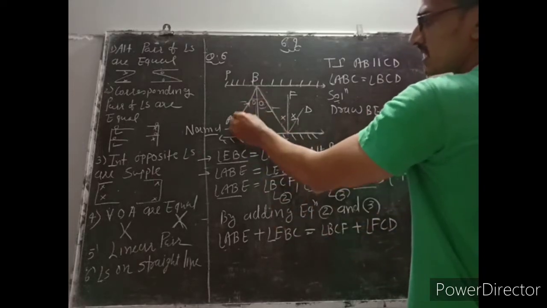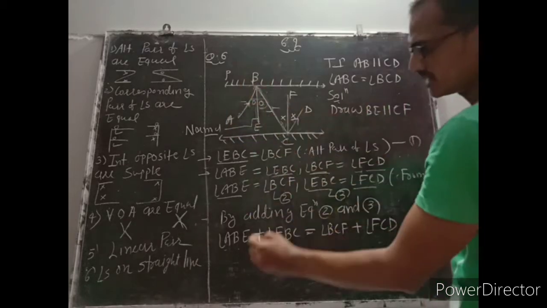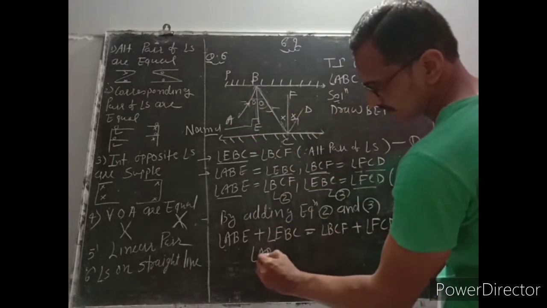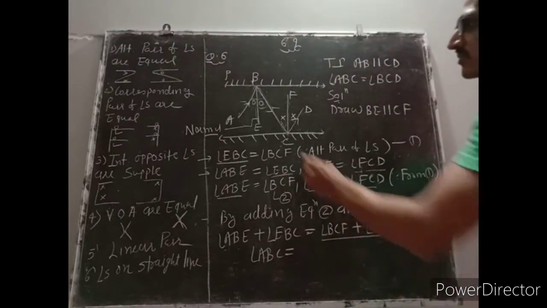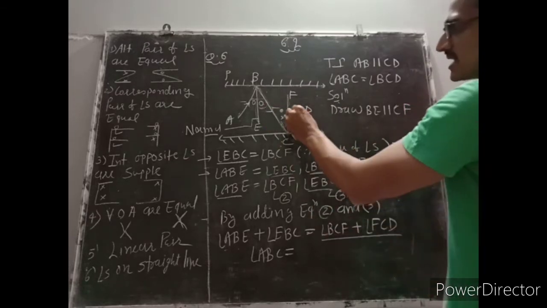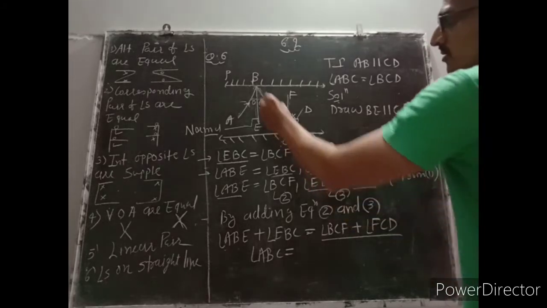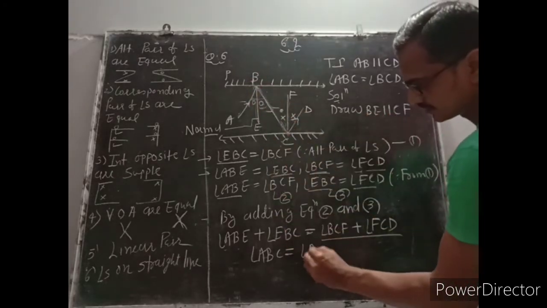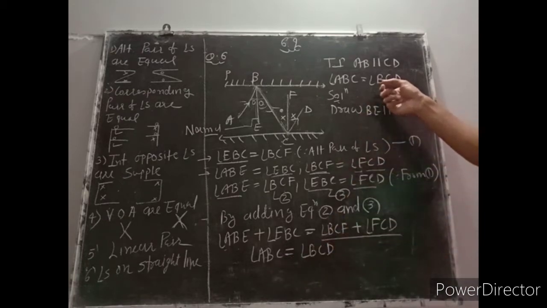If I add these both angles, this whole angle will form. What is the name of this whole angle? ABC. And this one, BCF this angle, FCD this angle. If I add these both angles, this whole angle will form. What is the name of this whole angle? Angle BCD. So we have proved ABC equal to BCD.